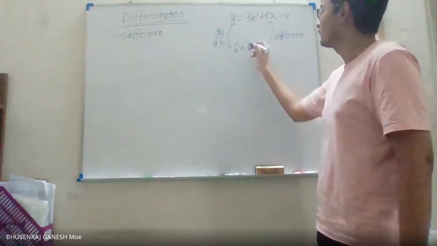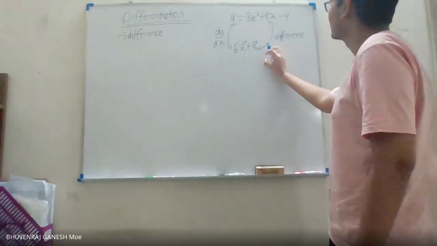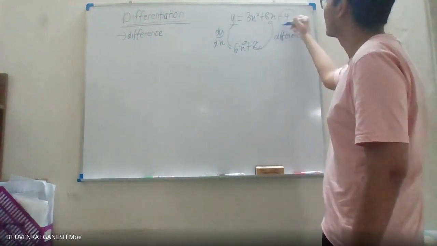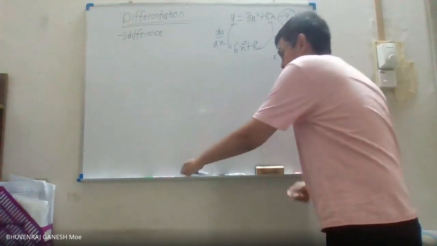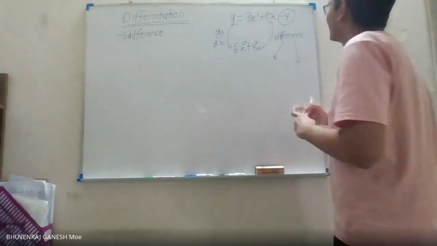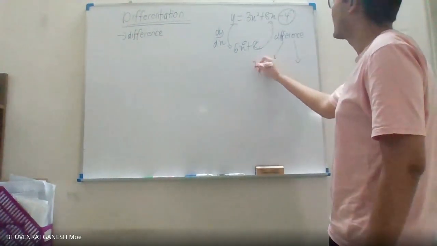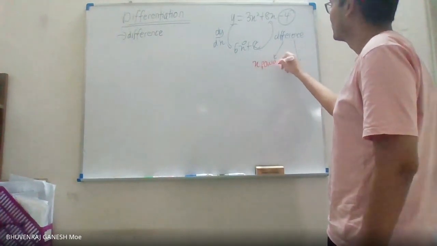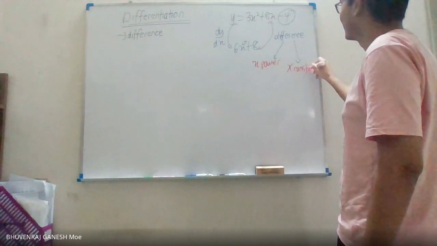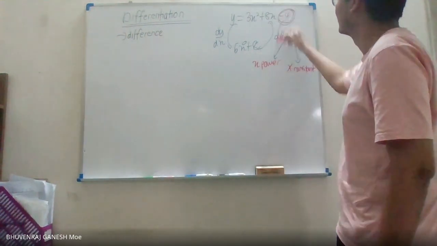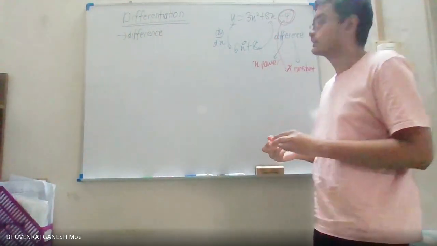It means the power is different and also this constant is not here. So the difference comes from two parts: the x power, and the absence of the constant, I mean this number here. Number 4 is absent already.